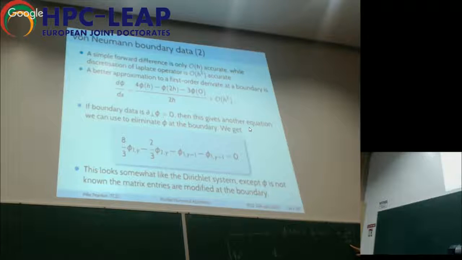So sure enough, I can represent the derivative with respect to x, just taking the difference between these two things. But I get a correction which is only one power higher in this grid spacing.